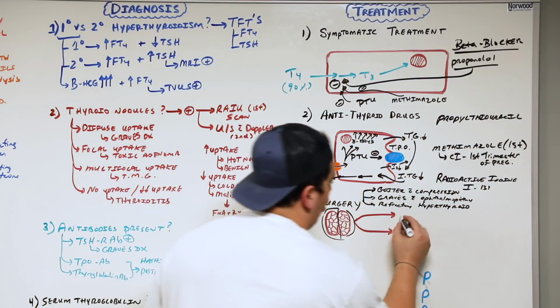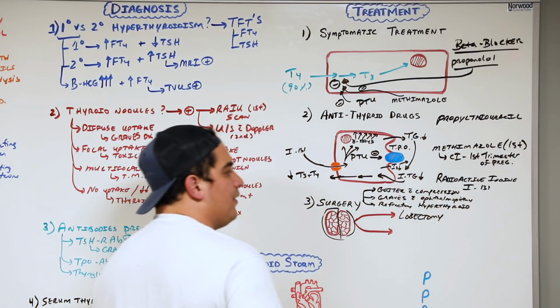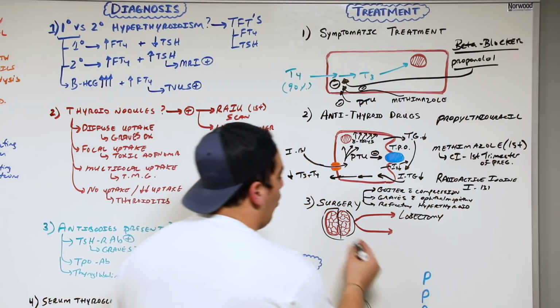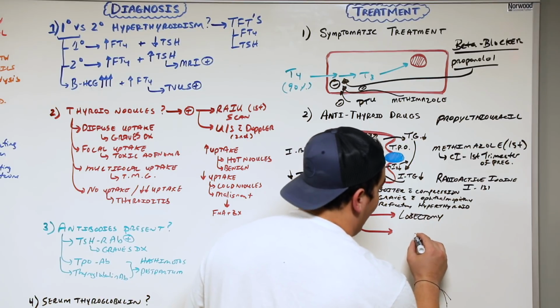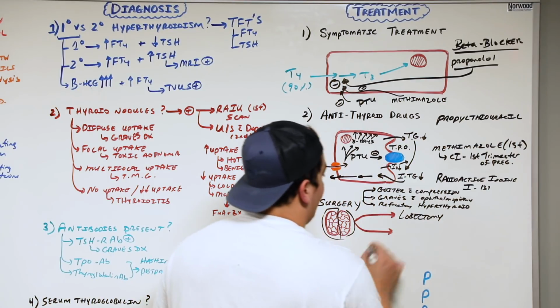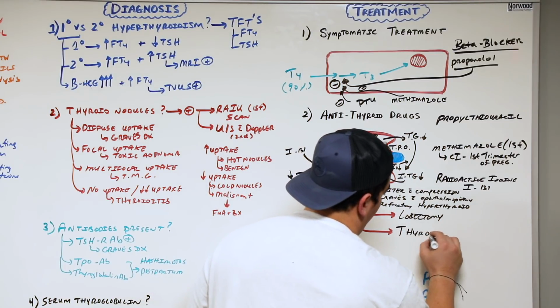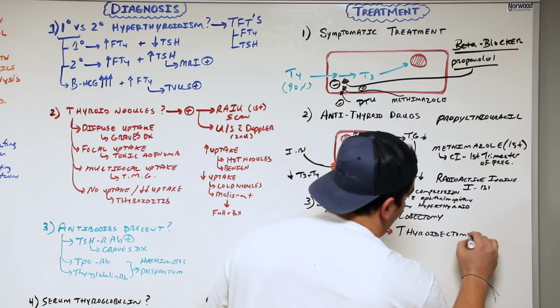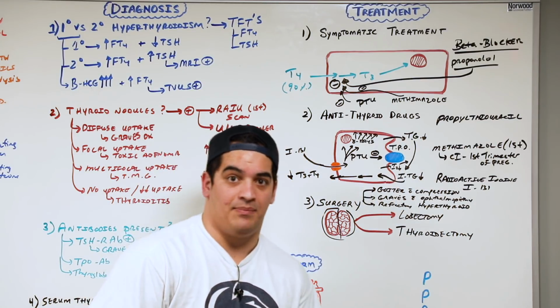If we just cut one lobe, it's called a lobectomy, and that might help to get rid of some of these actual problems. Or sometimes that may not be enough and we have to remove the complete thyroid gland, okay? And if we're removing the complete thyroid gland, we're calling that a thyroidectomy. And this is how we would treat someone with hyperthyroidism.